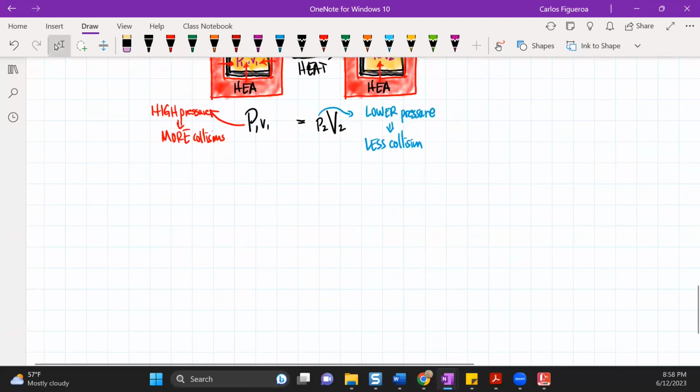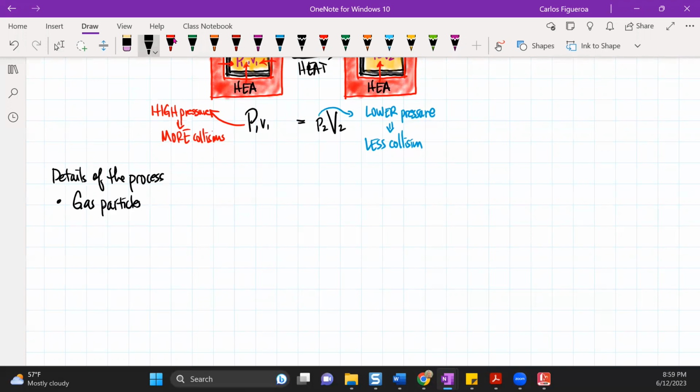So let's look at the details here. The details of the process go like this, and I think this is tricky, by the way. So gas particles collide with the piston head.